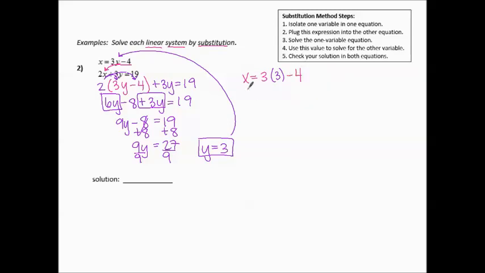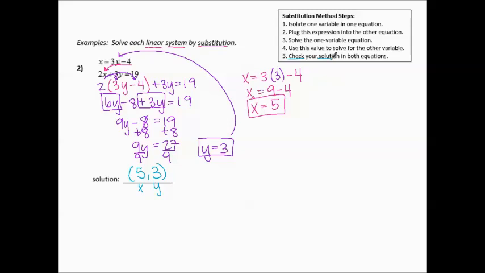Substitute that in. X is equal to 3 times 3 is 9 minus 4. X is equal to 5. So my coordinate that I'm looking at is the point (5, 3). I want to have my x and my y. That is my solution.